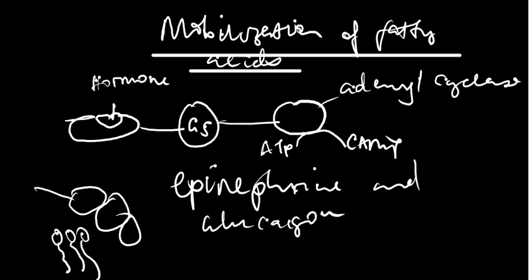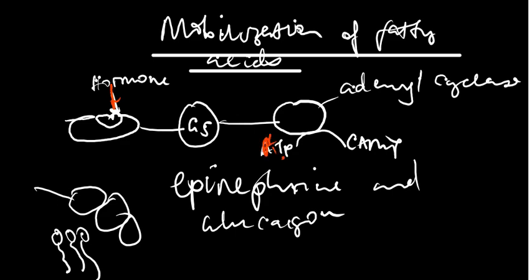So not only does glucagon enable the release of glycogen to give us glucose, but it also enables these fatty acids to be broken down in order to release energy. So what these hormones do, like I had drawn here, let me use a different color, is trigger the formation of cyclic AMP.